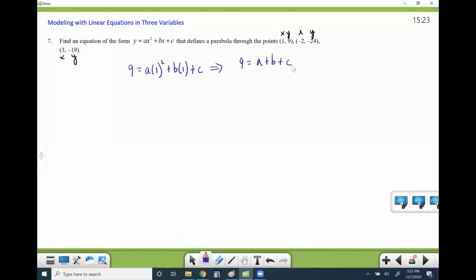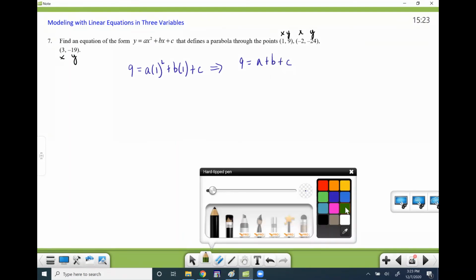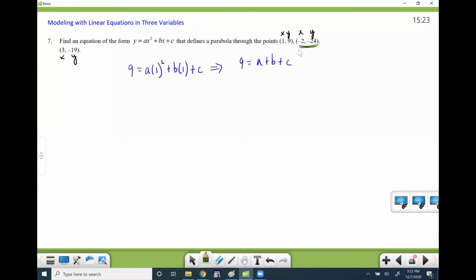Then I'm gonna do the same thing for the next point, this one here. So -24 is the y, -2 is the x. I'm just plugging them into this over and over and over again.